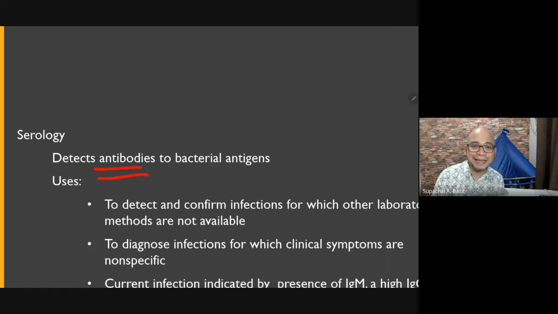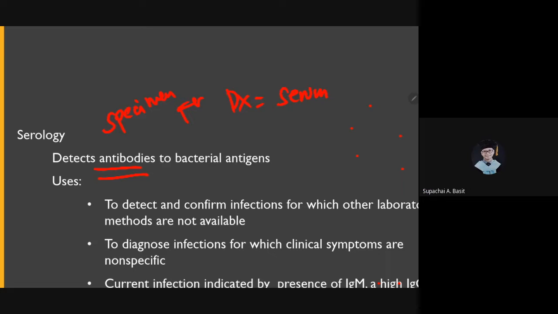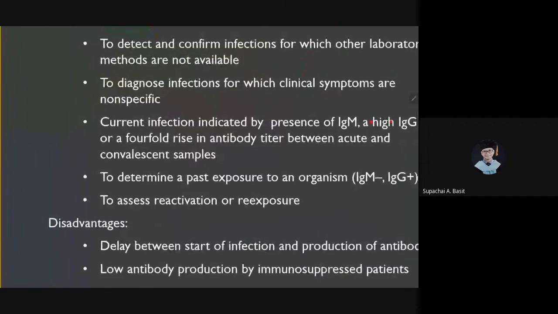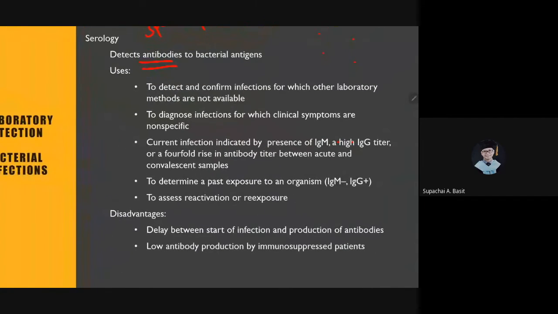Since we detect antibodies, our specimen for diagnosis is serum. So serum is our specimen for diagnosis. Here, what are the advantages or utilization of serology? We can detect and confirm infection for which other laboratory methods are not available.